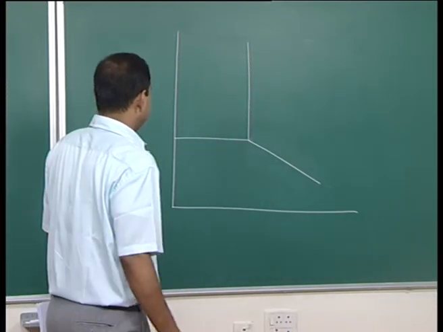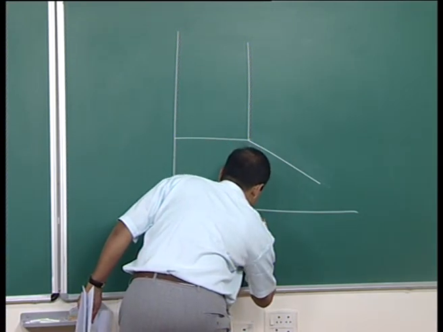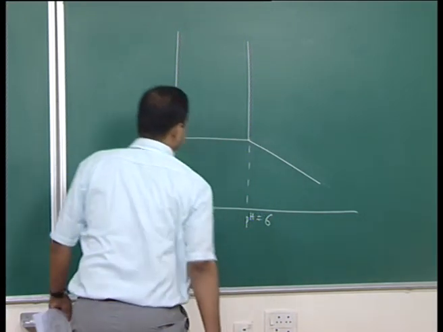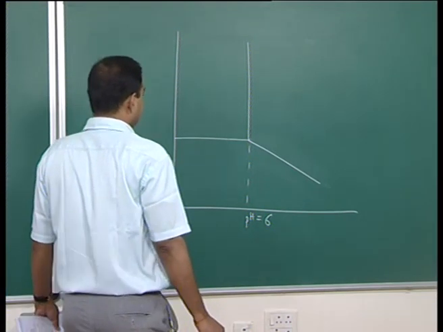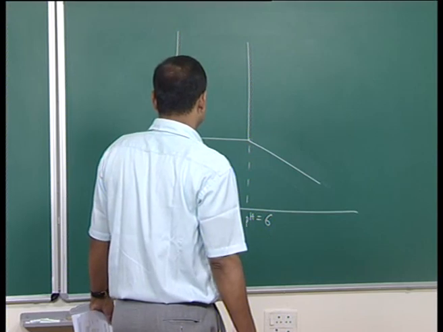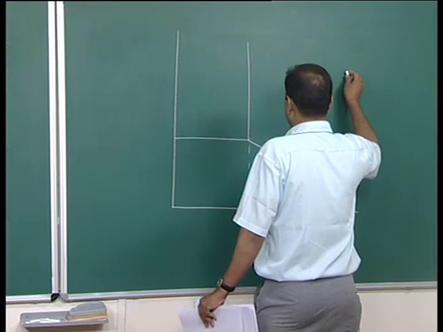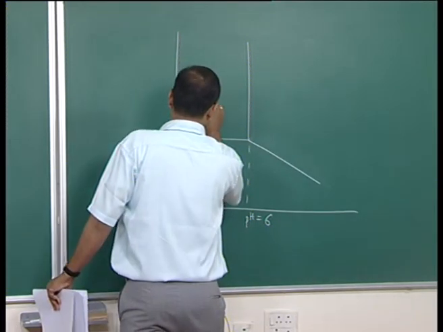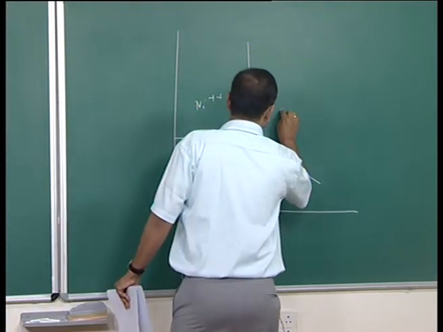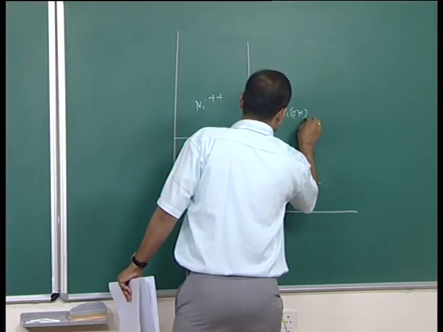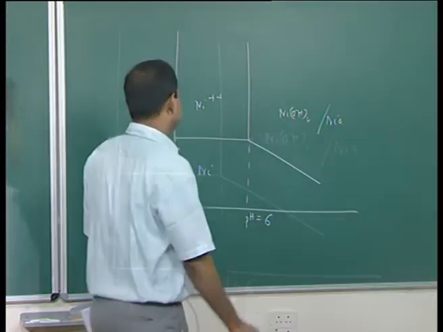This is the diagram, and this is coming at pH equal to 6 if the concentration of all the ionic species is 1. This is the Ni++ region, this is Ni, and this is Ni(OH)2 or NiO. We have seen that.